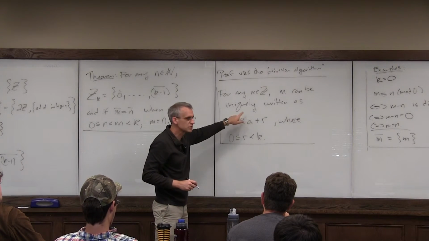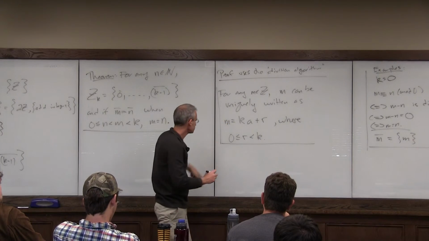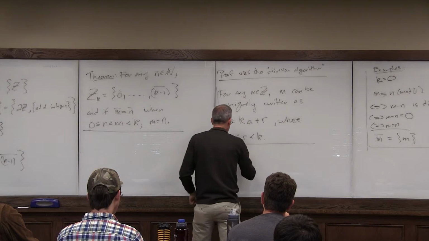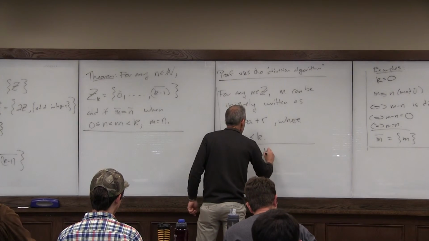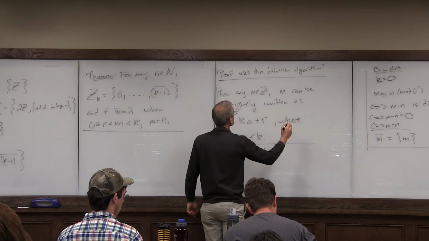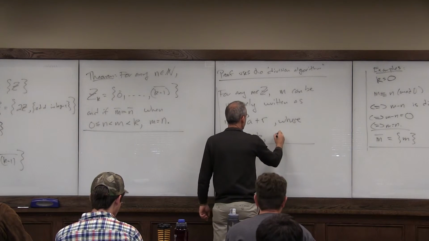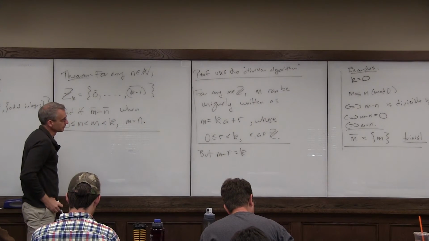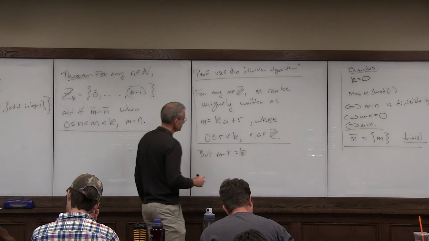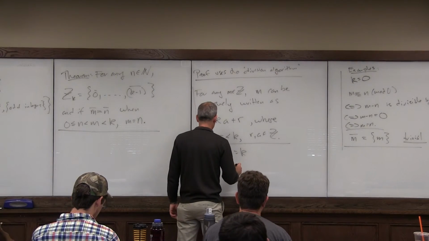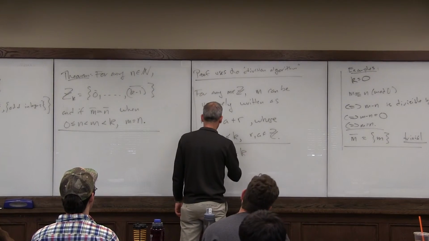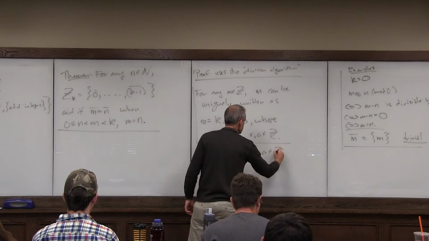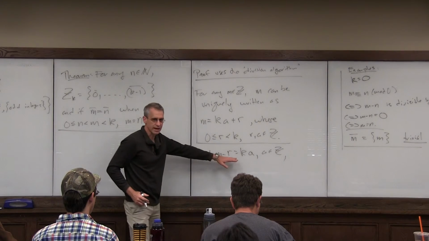Because this part is divisible by k, right? So then if we kick the r over to this side, m minus r equals k a, where r and a are integers, and a is an element of Z. And so what is that saying exactly?